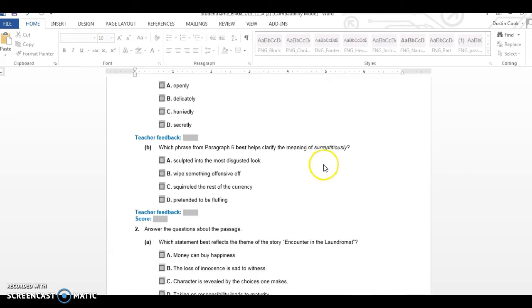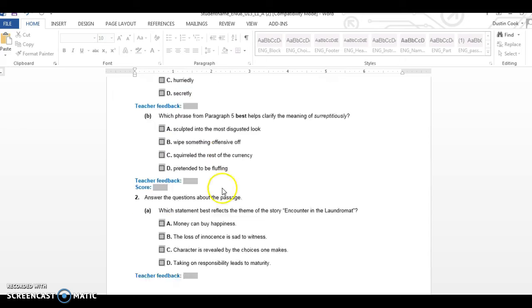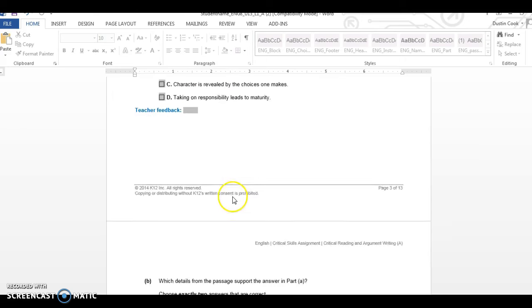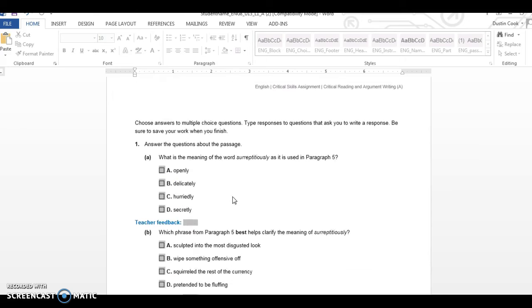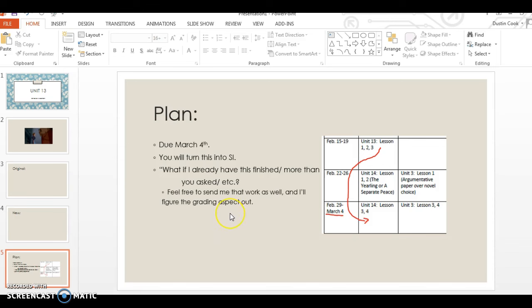If you have already done these multiple choice questions and want credit for that work, I will find a way to give you the credit. Now, if you get this wrong, it will count against you if you send it to me. So only send it to me if you feel really confident about it. But again, if you want credit, send it to me and I will incorporate it in your grade.